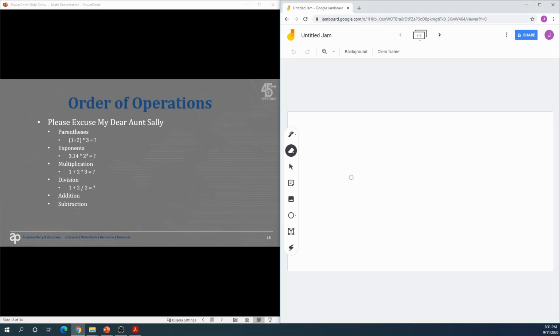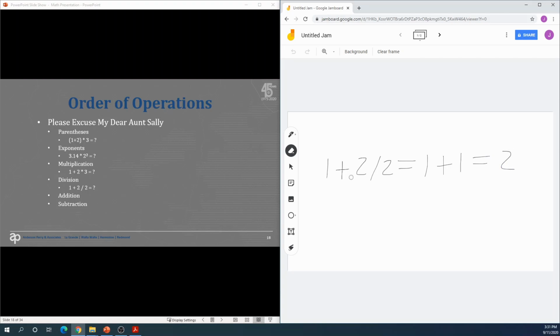Division is going to be the same order of operations as multiplication. So again, we have 1 plus 2 divided by 2. We'll do our division first. So it'll be 1 plus 2 divided by 2, which is 1. That's going to equal 2.